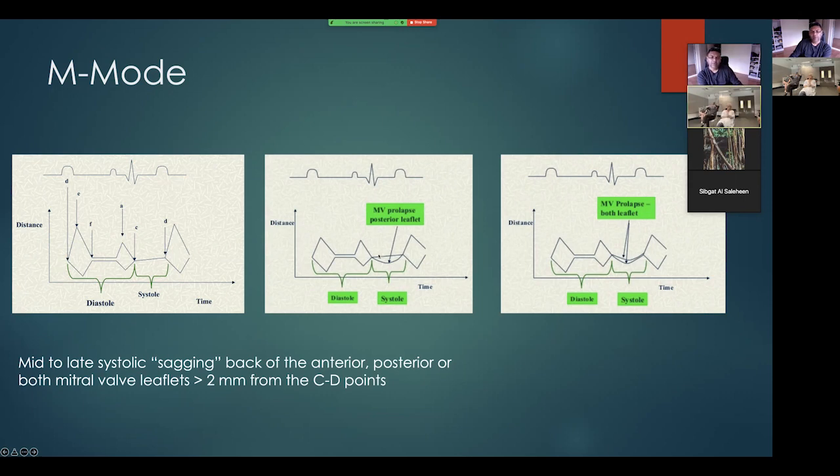And in mitral valve prolapse, this line shouldn't be closing completely. We can see this is your posterior leaflet prolapsing, and on the right side, both the leaflets are prolapsing.